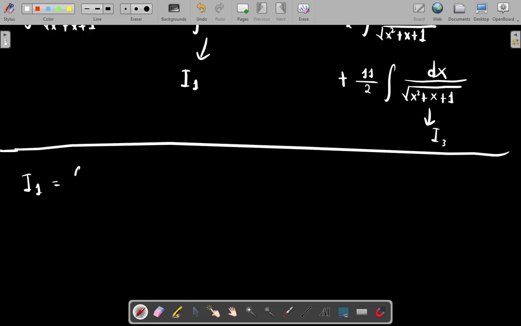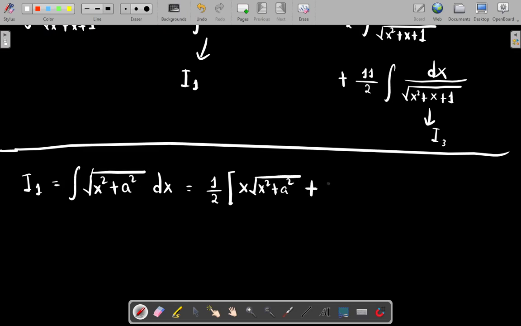The formula that will be required is the integration of square root of x square plus a square dx, and the formula is half times x times the square root x square plus a square plus a square times logarithm of x plus square root x square plus a square, I believe.